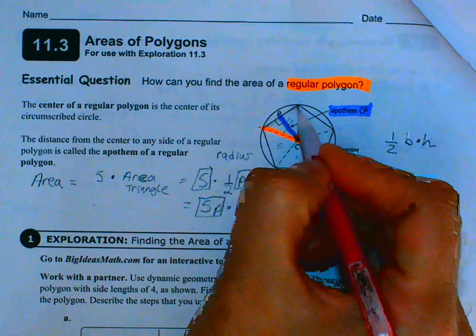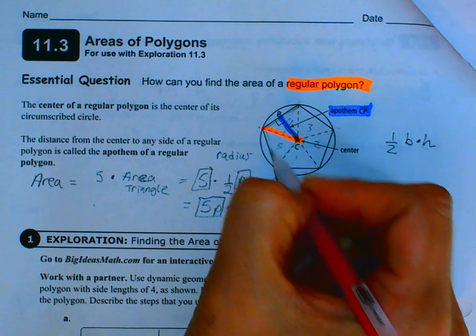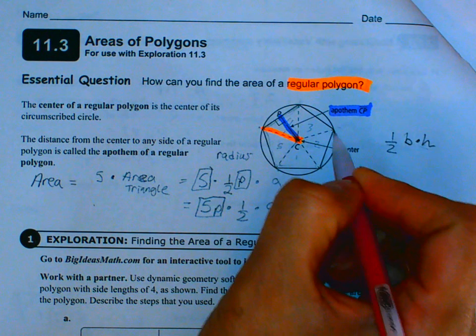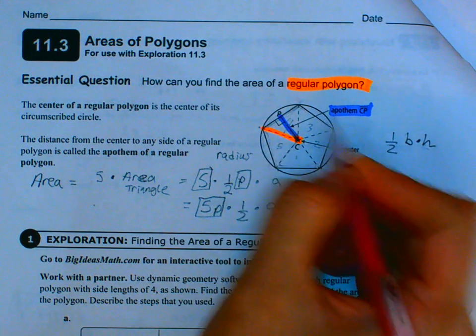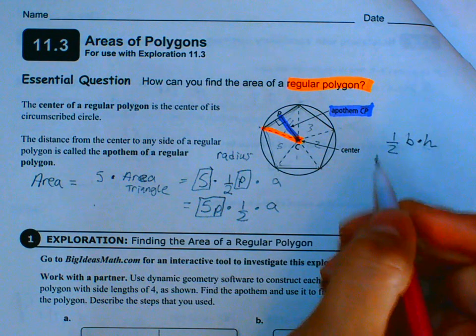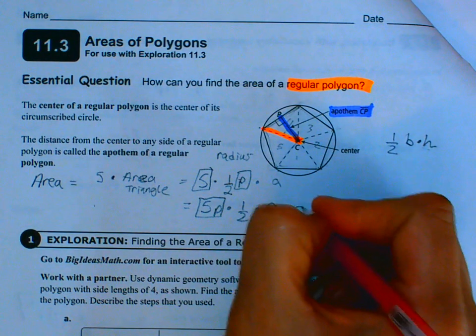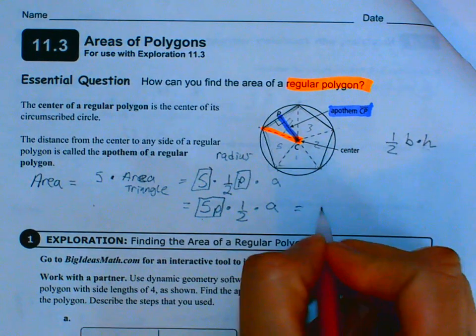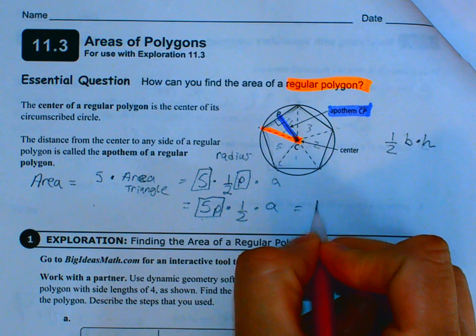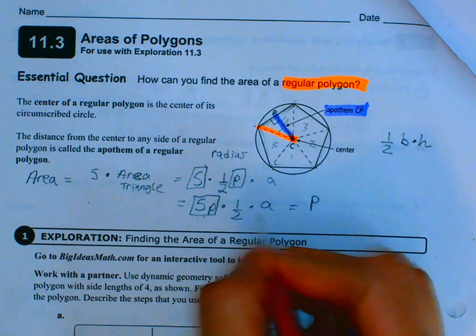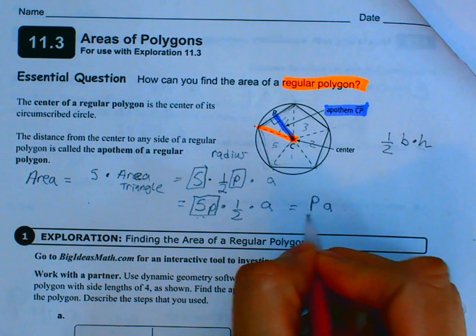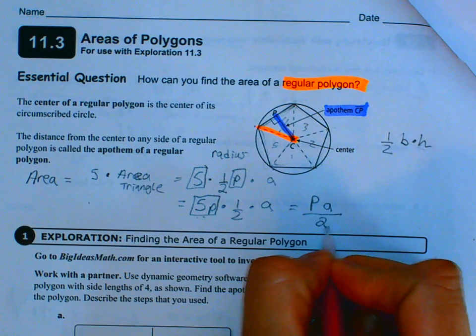If this length is p, and p, p, p, and p, then 5 times p is the sum of all of the sides, which represents the perimeter. So 5p is actually the perimeter. We're going to use uppercase P for that. So this is the perimeter times the apothem divided by 2.